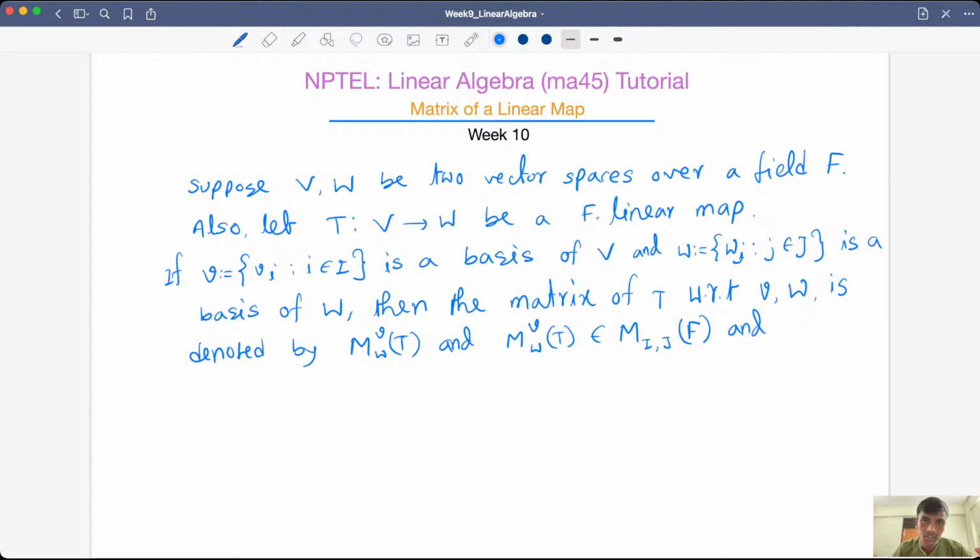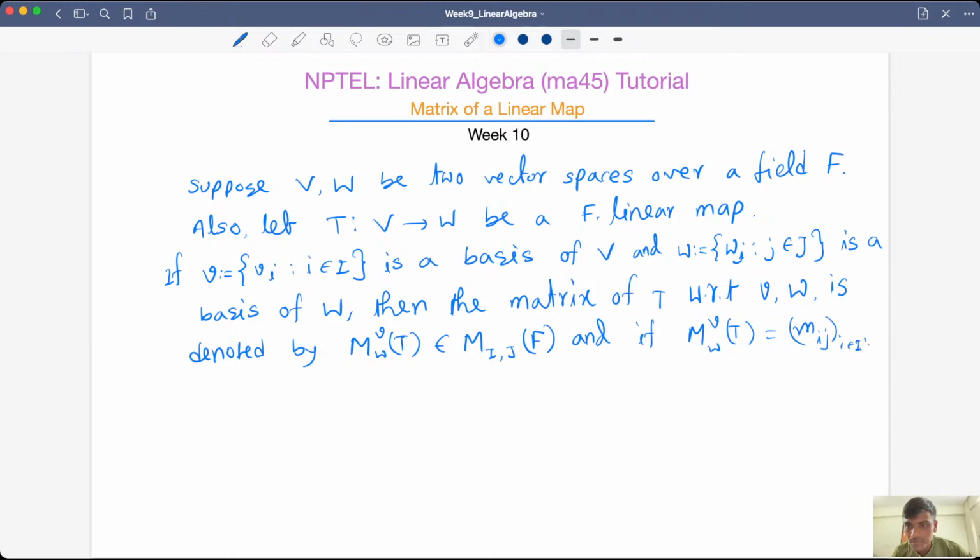And if this M_VW(T) equals m_ij, where i belongs to I, j belongs to J, then I need to give how these m_ij are obtained.